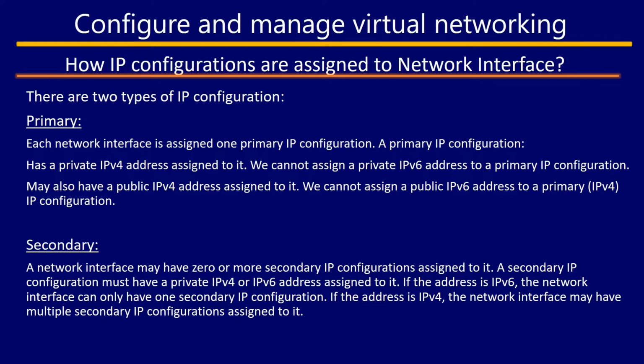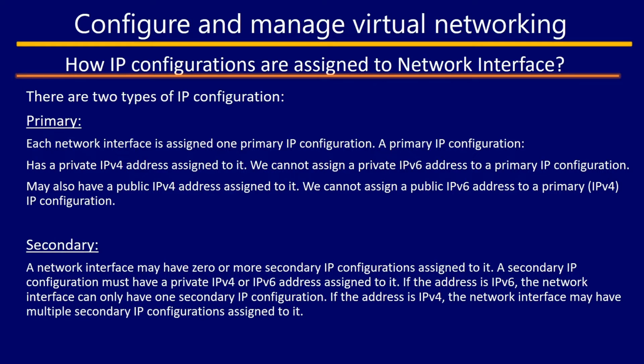A primary IP configuration may also have a public IPv4 address assigned to it. We cannot assign a public IPv6 address to a primary IP configuration. So this is the primary IP configuration.